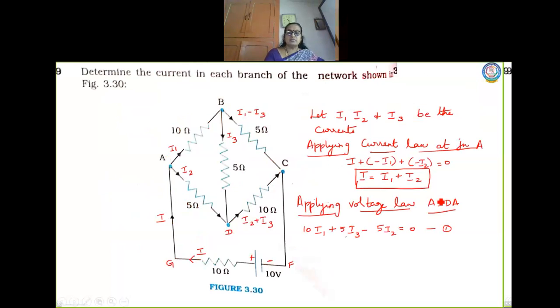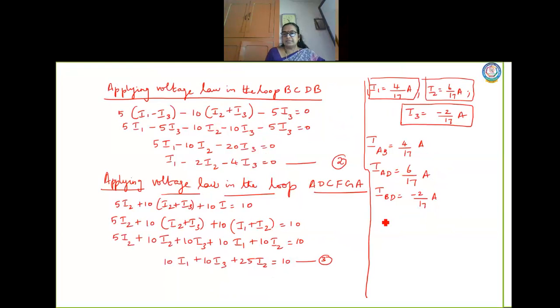Now let us go to the combination. Take lead BC. The current in BC is I1 minus I3. Substitute: I1 is 4 by 17, I3 is minus 2 by 17. Minus of minus, so you have the value of current in this lead to be 6 by 17 ampere. So the current in the lead BC is 6 by 17.